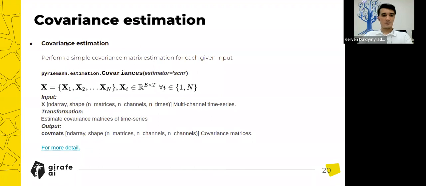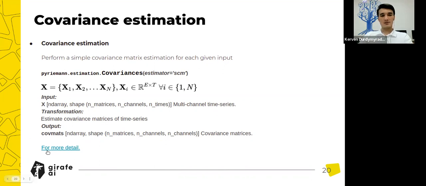In this function, the input is our data: number of matrices, channels, and time samples, a multi-channel series. We may have 16, 20 channels. As a transformation, we estimate the covariance of this time series, and our output will be the covariance of these inputs.